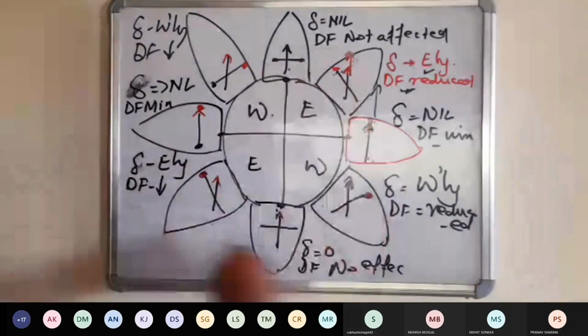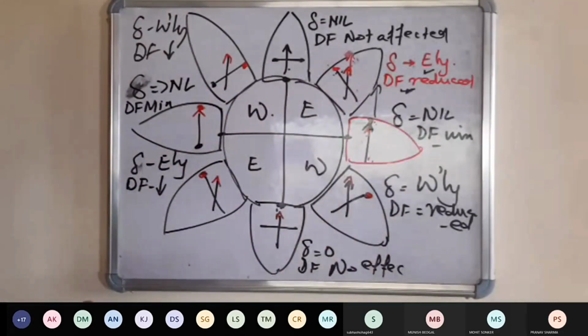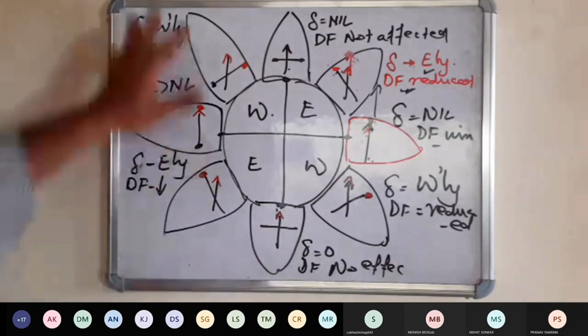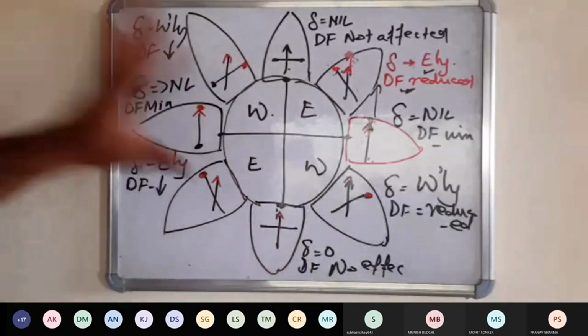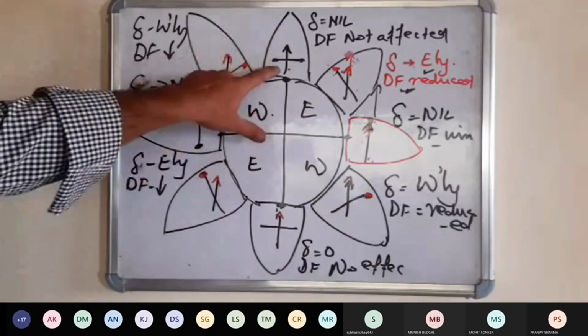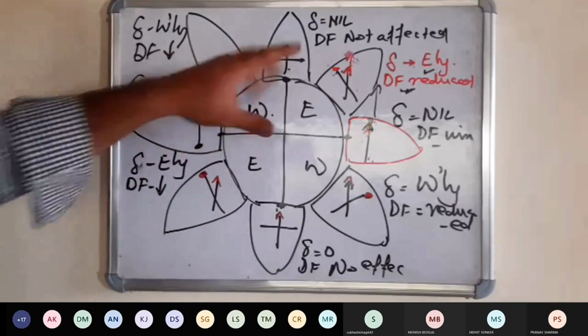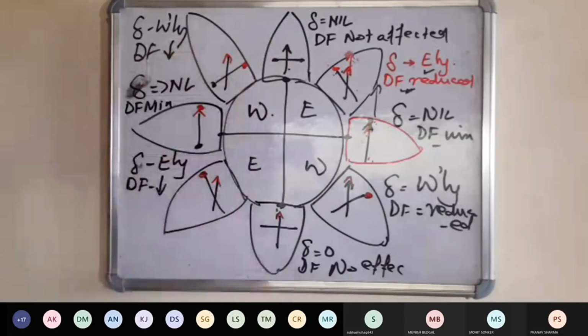So overall in 360 degrees, what should the mean DF be? Is it remaining constant, or is it going to be less or more? Mean DF means the average value over the overall 360 degree rotation. Will it be less than, more than, or equal to the value of the earth's directive force? Mean directive force is what we are talking about.